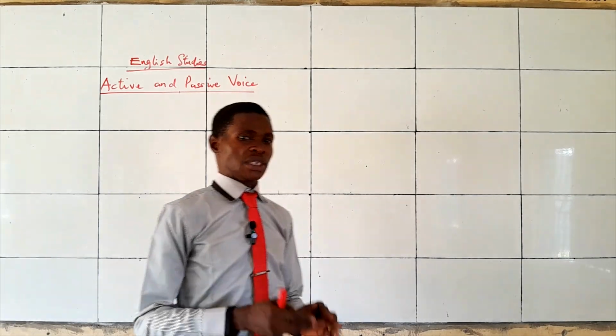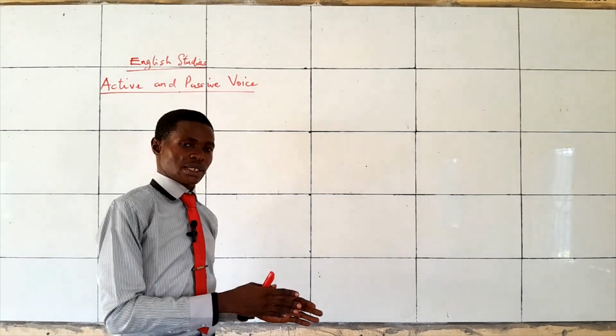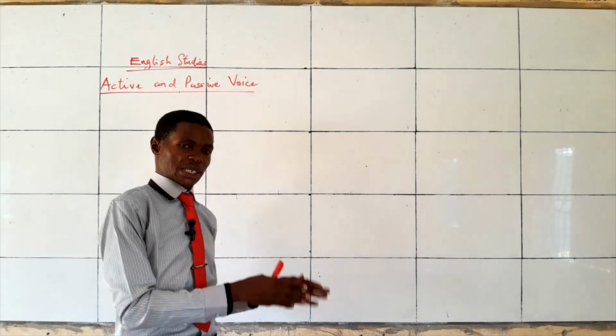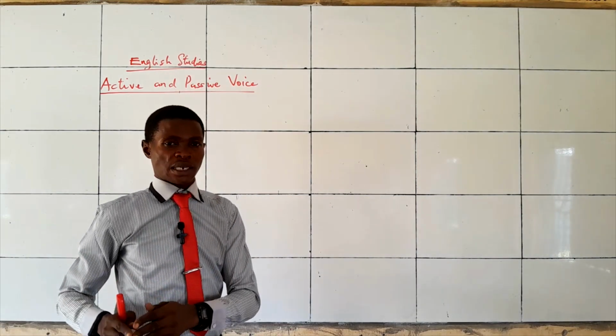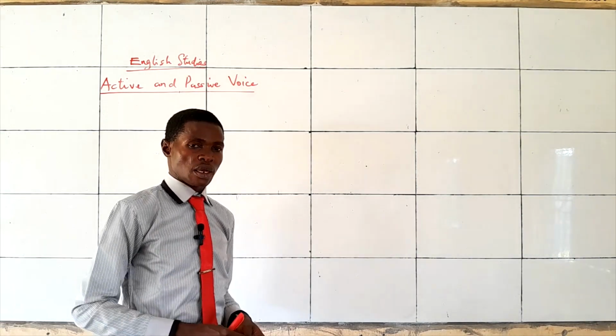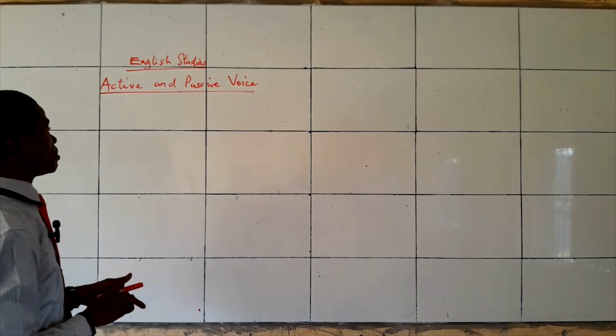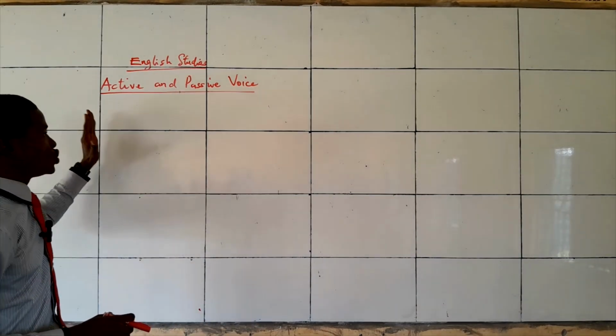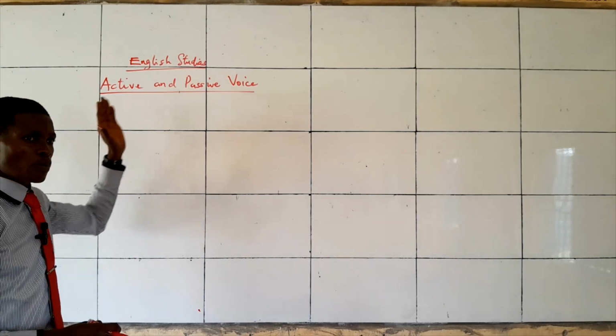Previously, we examined simple tense, simple present and simple past, and how we convert them. Today, we shall examine how we can convert continuous tenses to passive.